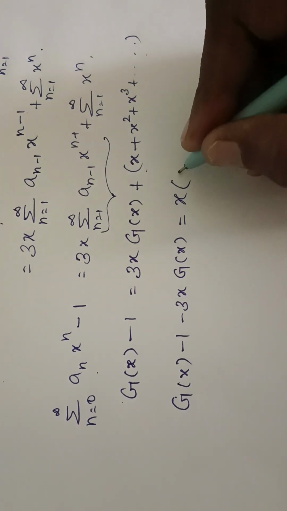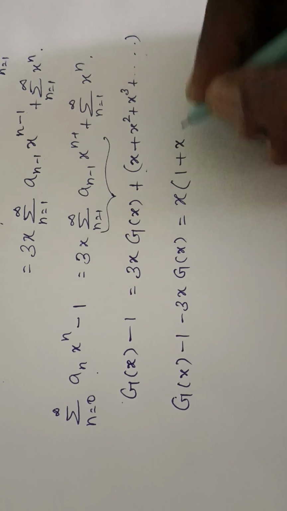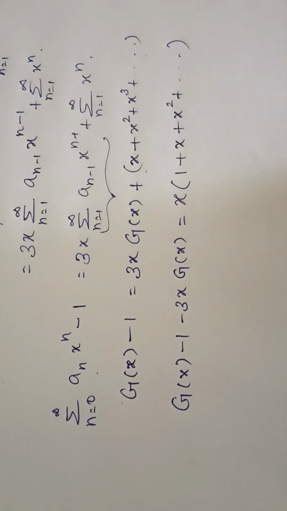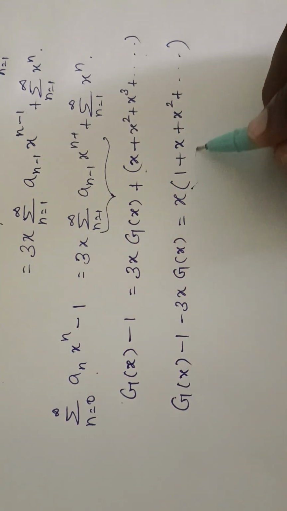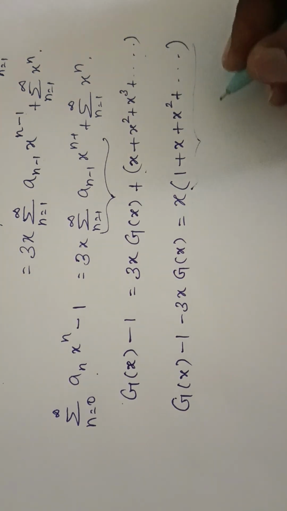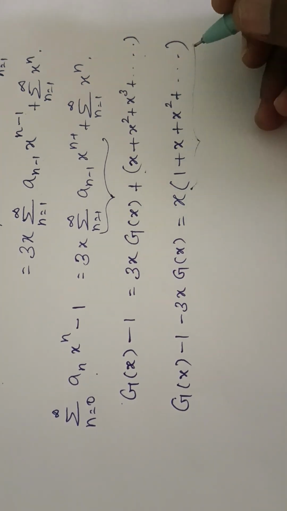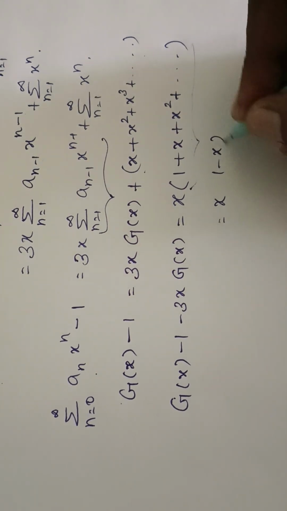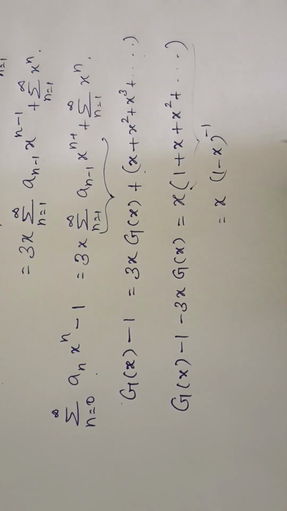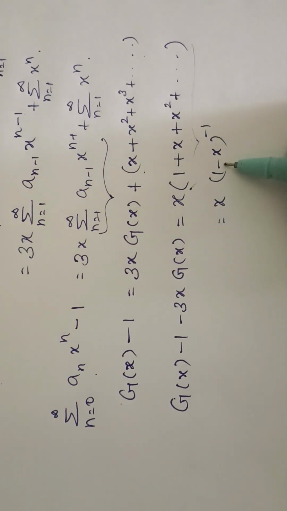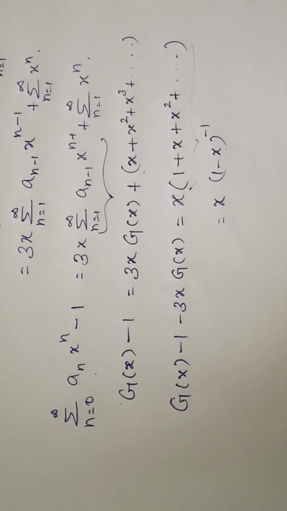What is the balance term? 1 plus x square plus etc. This is the binomial expansion, the rational form. The formula is 1 minus x the whole power minus 1. Suppose 1 plus 2x plus 3x square, then 1 minus x the whole power minus 2 will become.